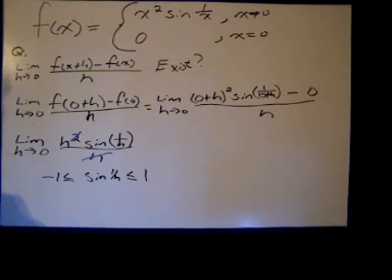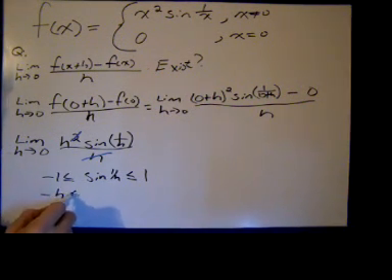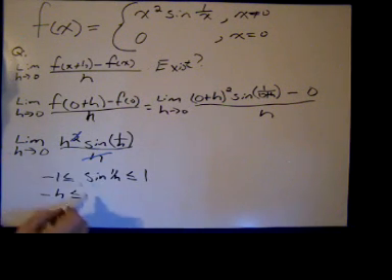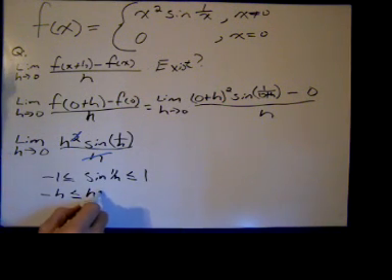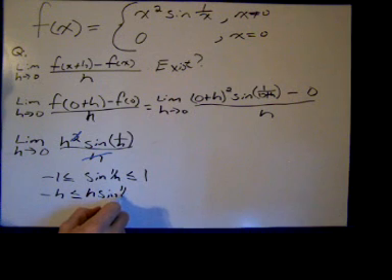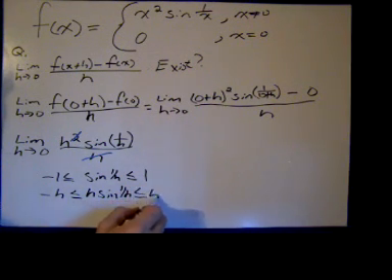It's always between 1 and -1. Sometimes it doesn't exist, but it's always between 1 and -1. So then, because we have a true statement, we can multiply through by h in order to do two things. One, to get the function that we're looking at. So we get -h is less than or equal to h sine of 1 over h, which is less than or equal to h.